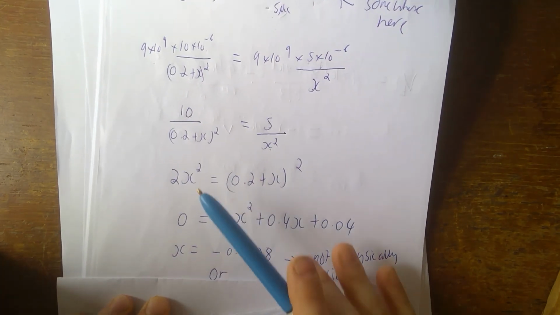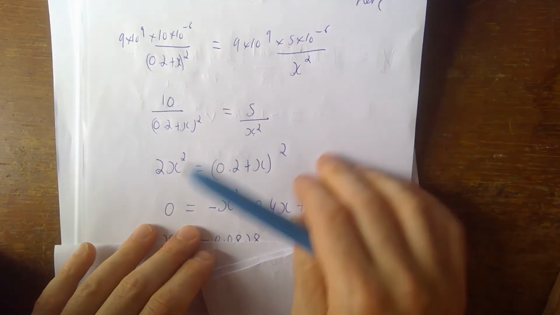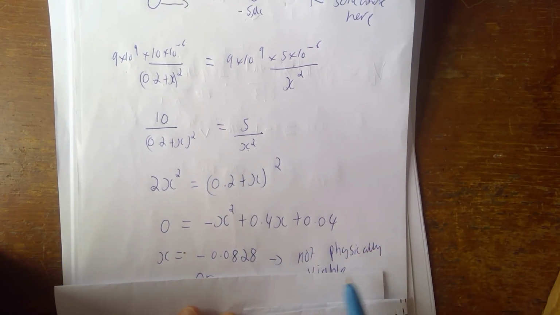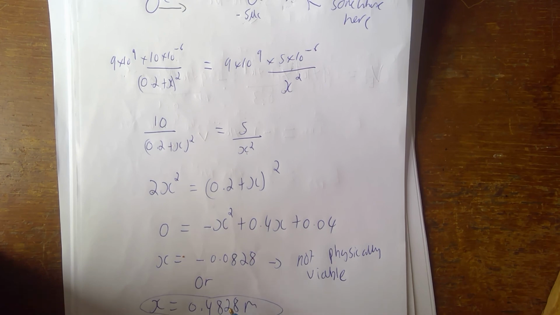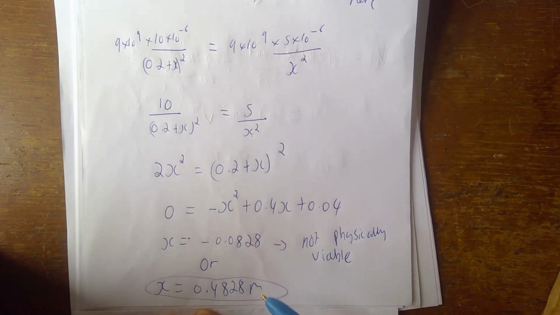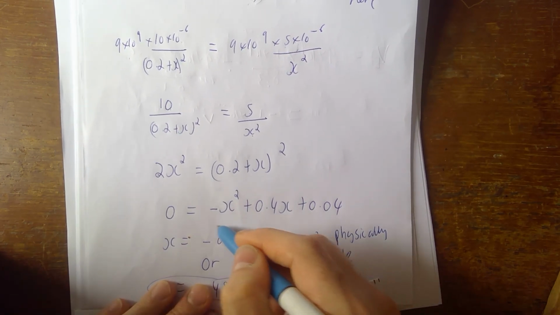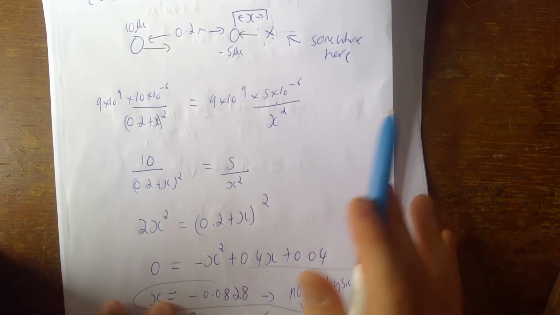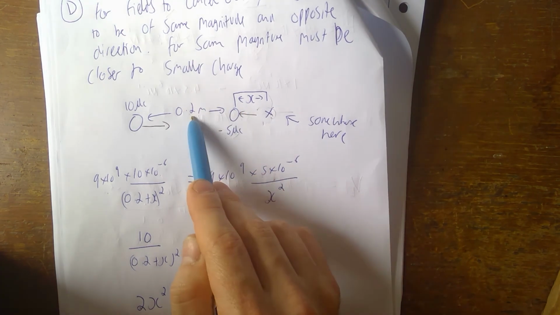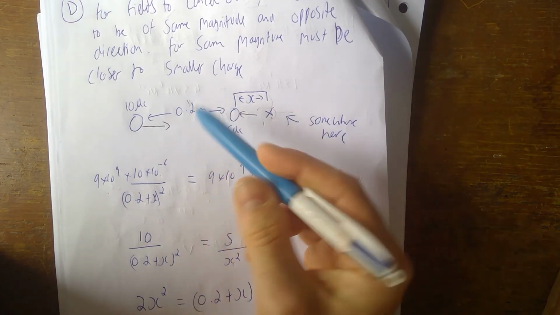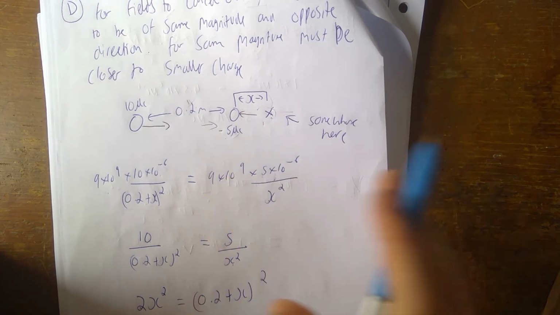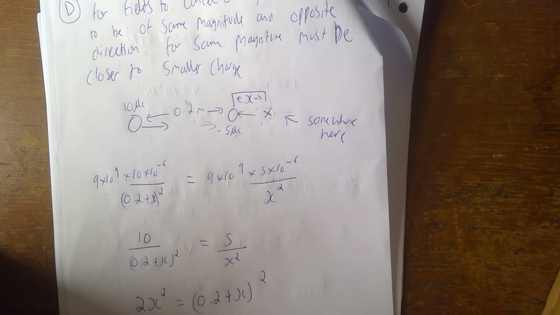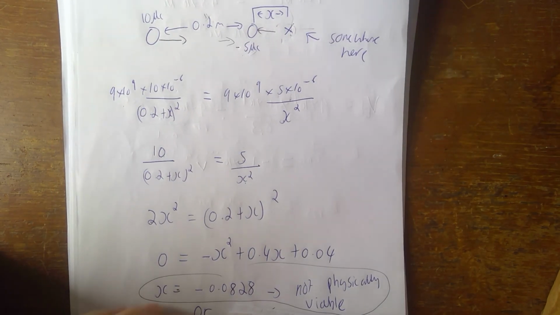Doesn't make sense, that particular value there. Or 0.4828. That's the answer. This solution, the quadratic equation, doesn't make sense because if x was negative, it would be over here, which would mean the fields were both in the same direction. They wouldn't cancel out. That's not correct.